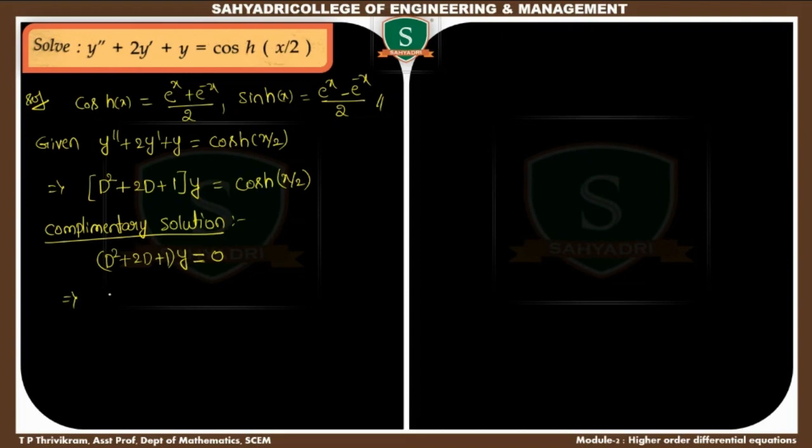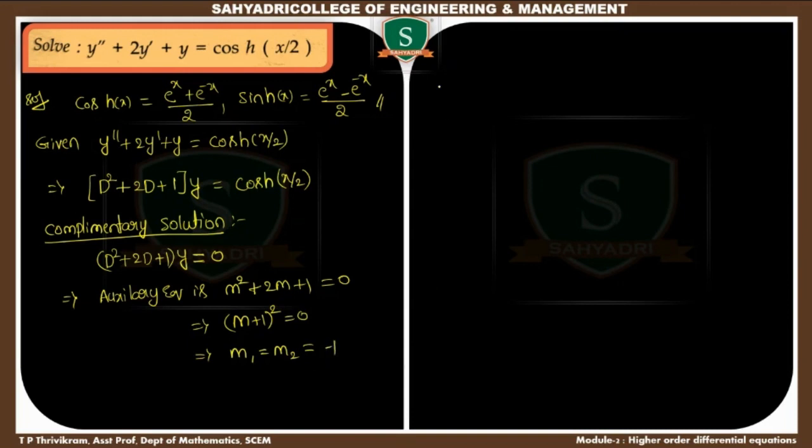The auxiliary equation is m square plus 2m plus 1 equal to 0, which implies (m plus 1) whole square equal to 0, so m1 equals m2 equals how much? The root is repeated here, so I'll get minus 1.